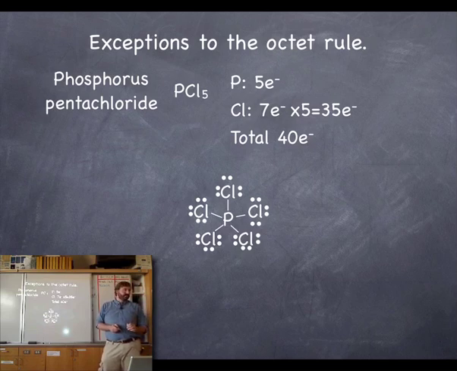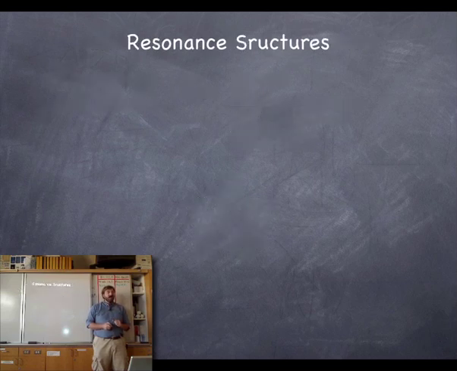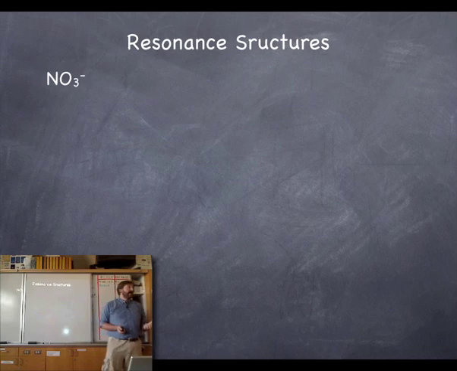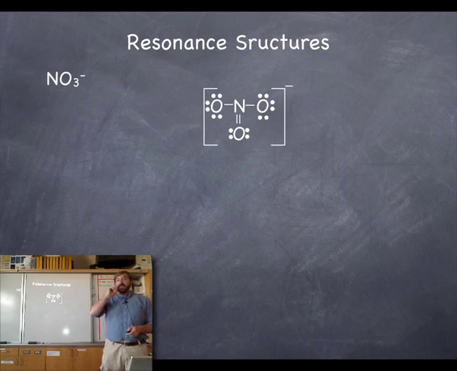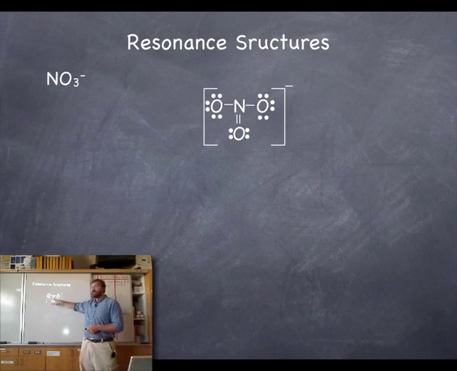Next twist on all this stuff. Sometimes when we go in and we make experimental measurements, we get some odd results and we need to come up with some way to explain them. One of the cases where we see this is the polyatomic ion nitrate. You can do a Lewis structure for nitrate. You end up needing 1 double bonded oxygen.